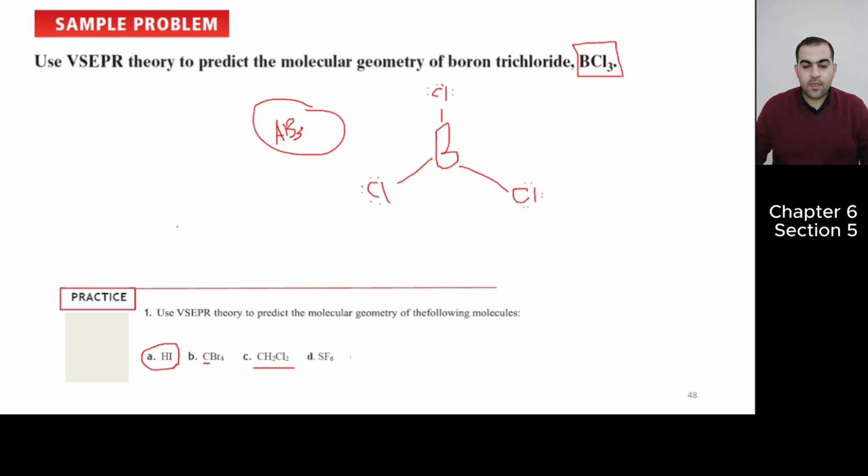CH2Cl2, guys. You must draw the Lewis structure. Carbon makes 4 bonds. There are also 4 atoms bonded. 2 of them are chlorine and there are 2 hydrogens. Now there are two hydrogen and 2 chlorine.